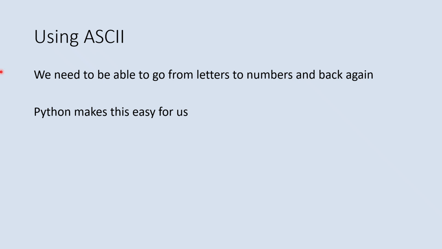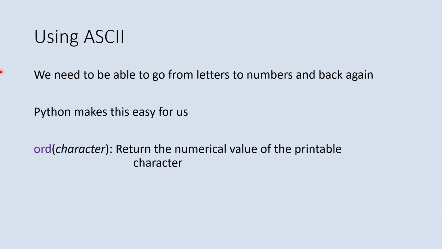And the nice thing is that Python makes this really easy for us. Python gives us two functions. One is called ord. So you say ord of a character. This character here needs to be an actual character. I put the word character in there, but we're going to give it a printable character. So this is a single-character string.